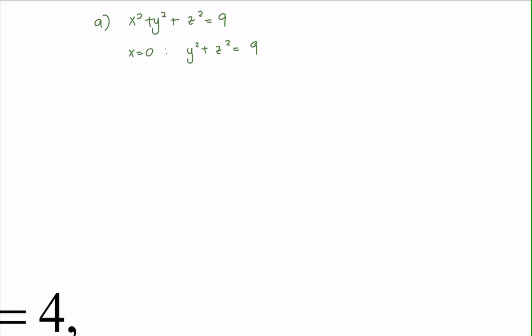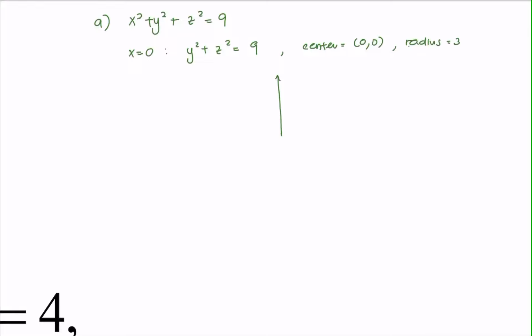So from here we know that the center is at 0, 0, and the radius is equal to 3 units. So we can sketch the graph. It is y and z.